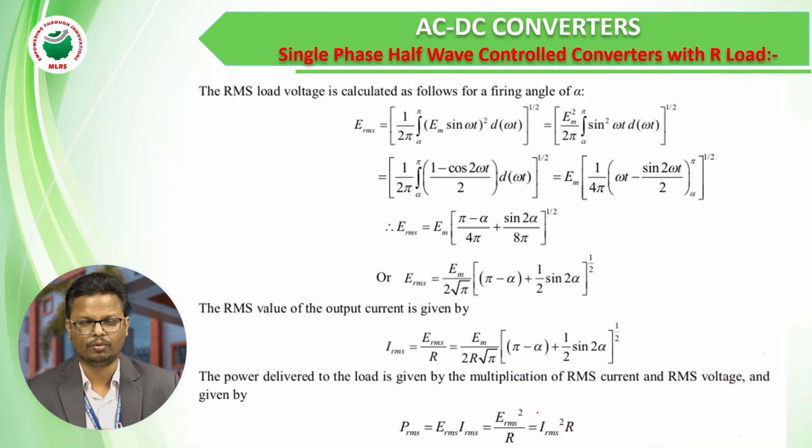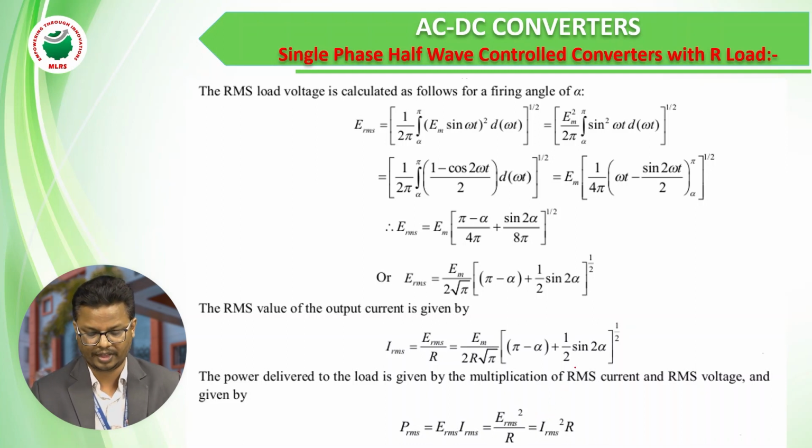By doing this derivation, we can find the average voltage and the average output current. Now we are going to find the RMS load voltage. For the RMS load voltage, V RMS equals under root of 1 by 2 pi integral from alpha to pi of Em sin omega t whole square d omega t. Em square is taken out, so here we have sin square omega t. Sin square omega t can be written as 1 minus cos 2 omega t by 2.